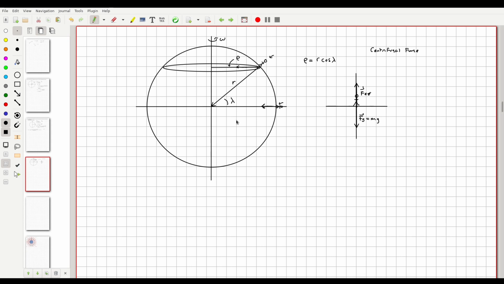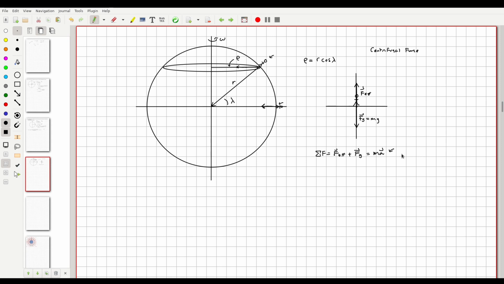Now, these two in this particular case would add up to cause centripetal force. So when you sum up your force here, which would be this effective force plus the weight, this is going to act on your mass to cause acceleration. And in this case, this acceleration is going to be inwards because weight is far greater than what this effect is.